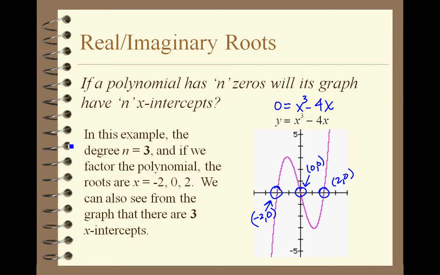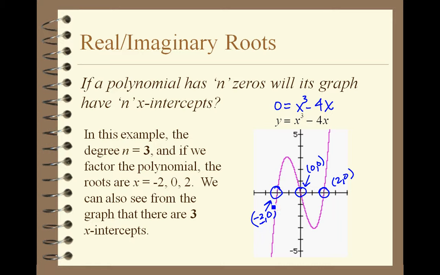Notice here it says in this example the degree n equals 3, and we know the degree from looking at the original problem and the highest exponent. 3 is the degree. If we factor the polynomial, the roots are x equals -2, 0, and 2, exactly what we got over here.